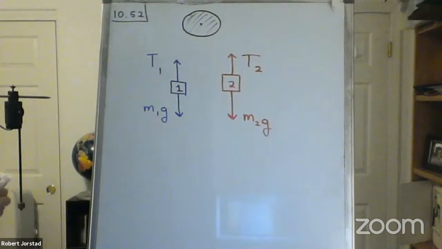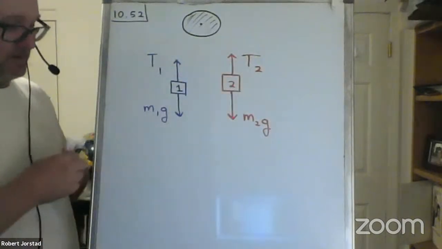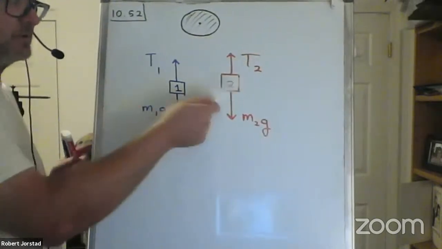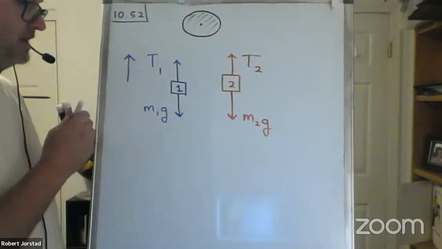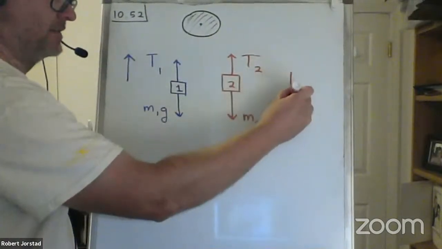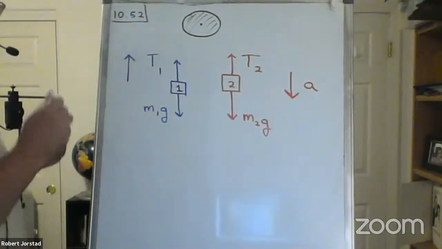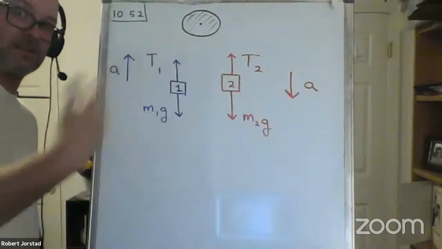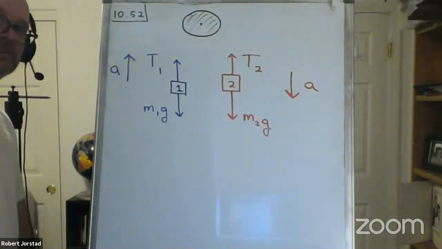All right. So now, these are the forces acting on this one. Which way is this one going to go? Let's assume 2 is heavier. So this one goes up, and this one is going to accelerate down. So I'll call this A and this A. Do you think these accelerations are going to be the same, or do you think they'll be different?